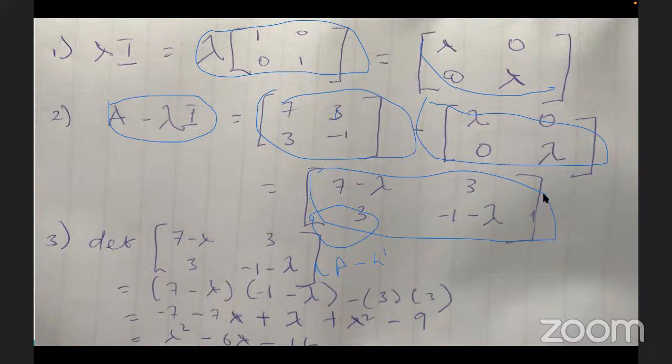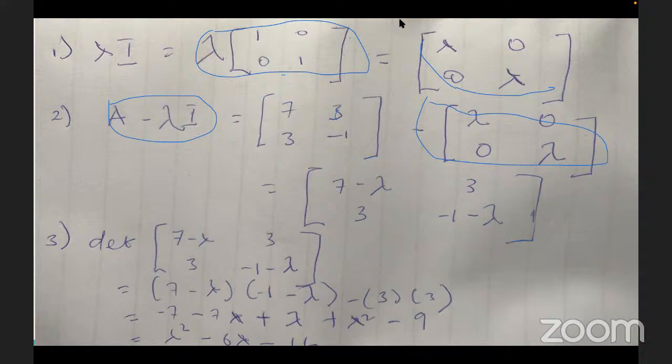So now that I have this matrix, I want to find the determinant of this matrix. And we already know that the determinant of a matrix, let me clean this. So we know that for a matrix with entries A, B, C, and D, the determinant is cross multiplying AD minus BC.